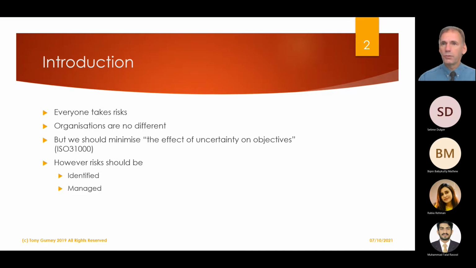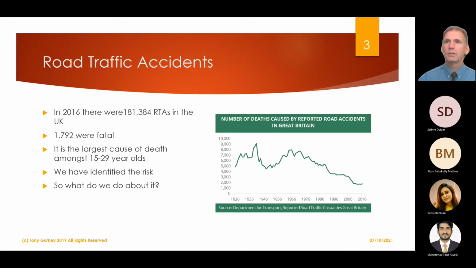So we figure out what the risks are and then we manage them, in the same way as I did this morning. When I crossed the road to my car, I checked the road. I looked left, I looked right, I looked left again. I checked that there was nothing coming before I crossed the road, to minimize that risk.